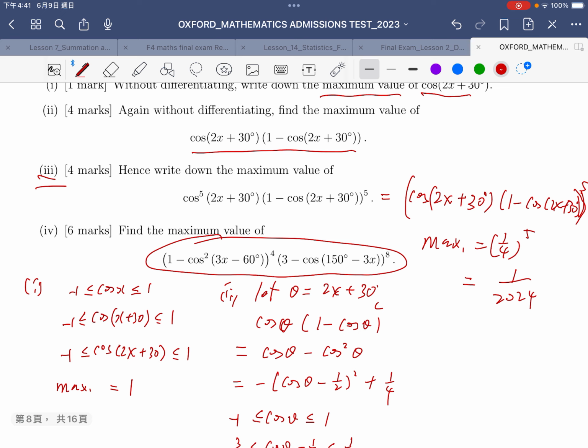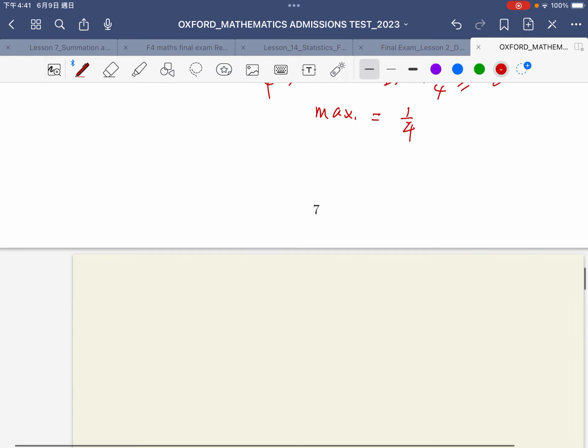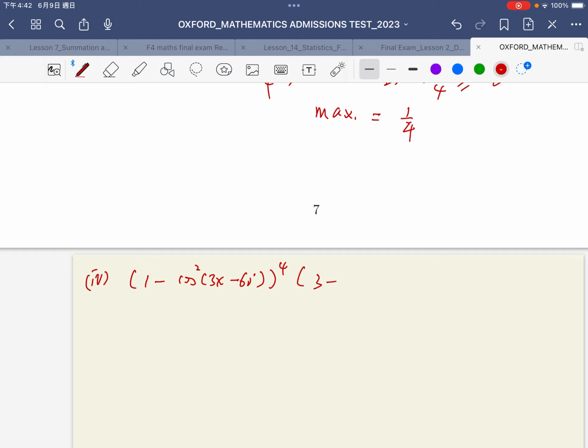For the last part, it's not directly calculable, and I also have to change the domain. I write down the question first: cosine to the power 4 of (1 minus cosine of 3x minus 60 squared), and on the other hand 3 minus cosine of (150 minus 3x) to the power 8.